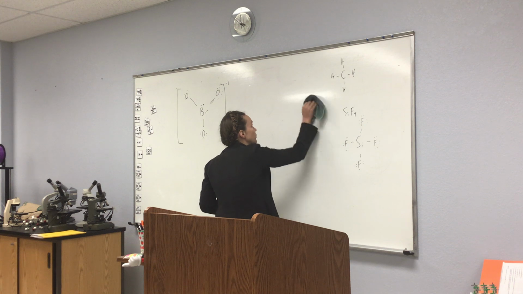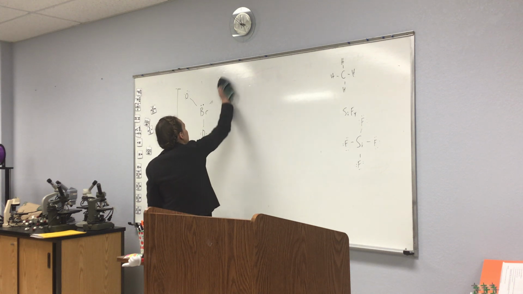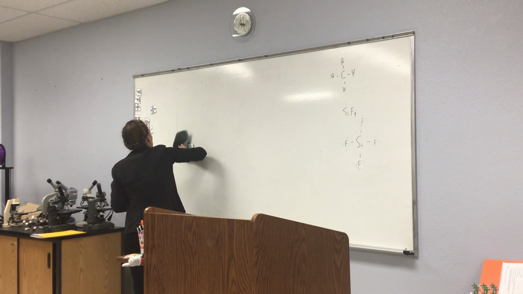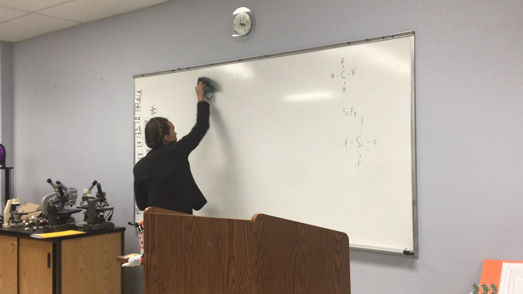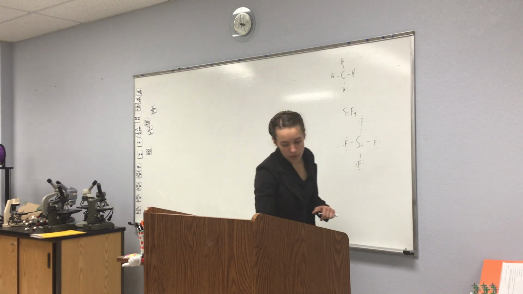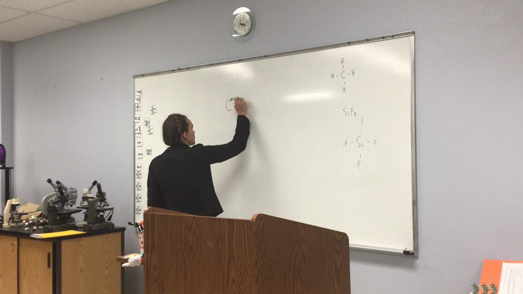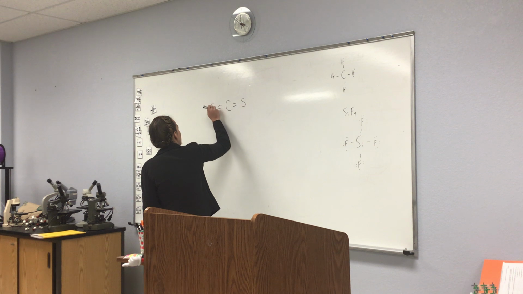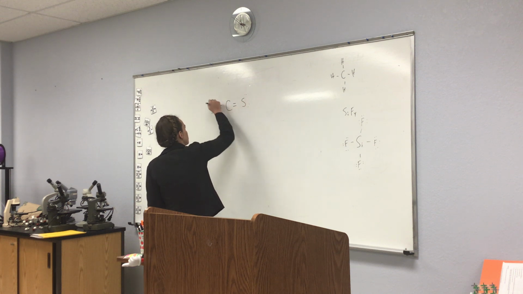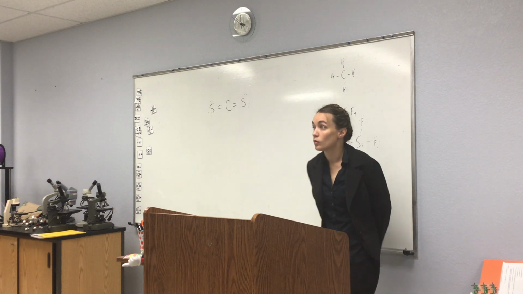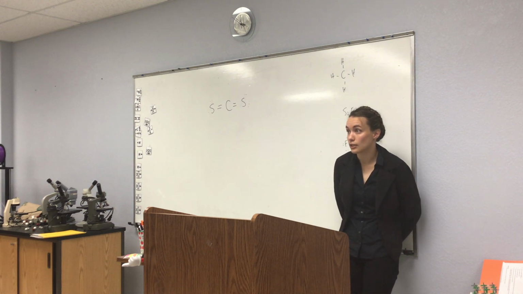Remember when we talked about polarity, we had to distinguish between polar bonds and polar molecules. How do we know if a bond is polar? Raise your hand. What was the question? How do we know if a bond is polar? Is that equal? It's not equal. Equal in what?